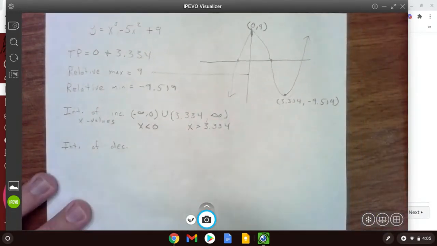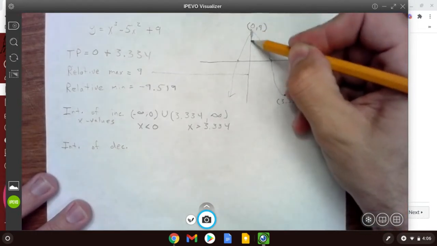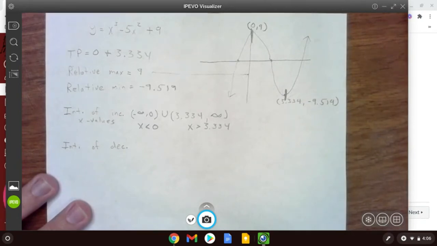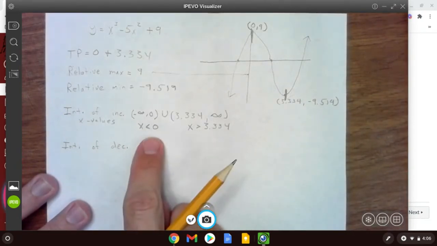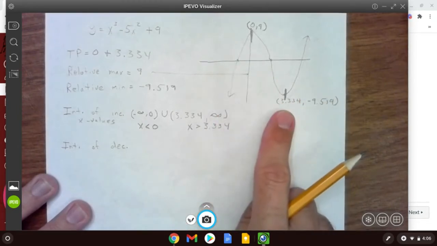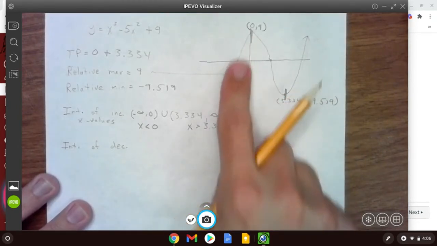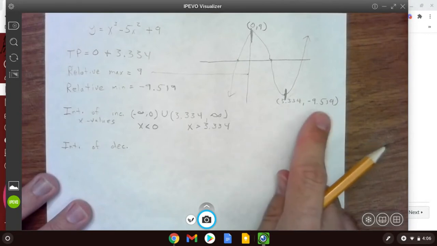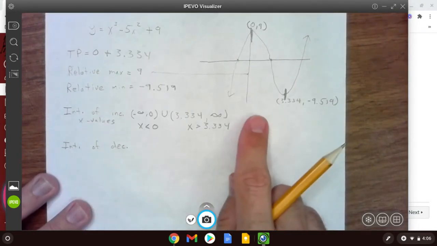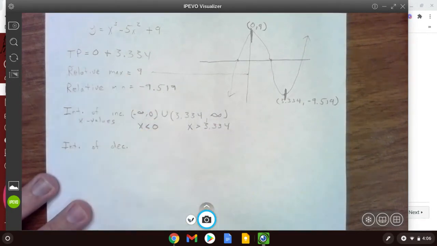All right, and then decreasing. This function is decreasing from 0 to 3.3. It was increasing on these two intervals, so it's going to be decreasing on the interval between them. I know the y values go from 9 to negative 9, but when you're talking about these intervals, you have to use the x values, the turning points.